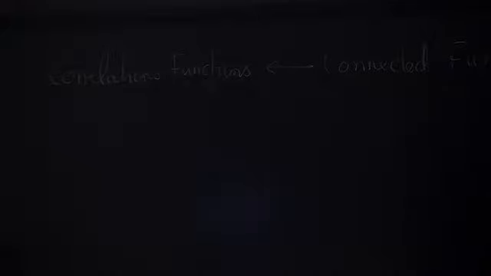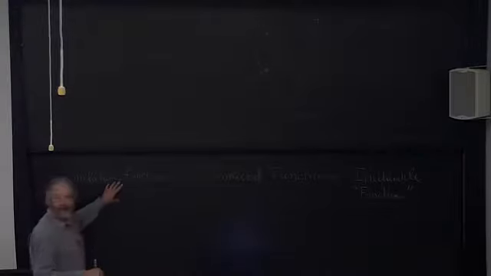And connected functions are made out of one particle irreducible functions that I'm going to define. Okay? And from the point of view of computing the Feynman integrals, there are much fewer irreducible functions than correlation functions. Well, there are fewer diagrams.